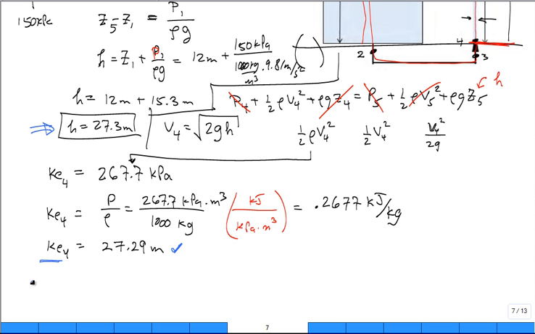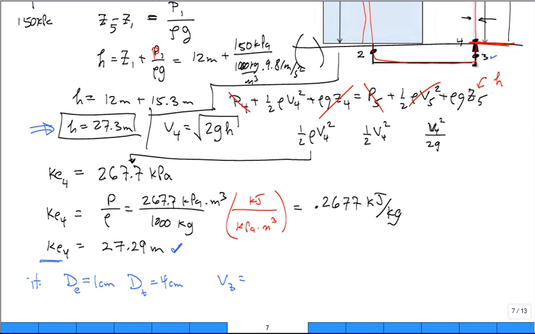All right. Let's ask this question. If the diameter on the exit of the nozzle was 1 centimeter and the diameter of the pipe or the tube that fed it was 4 centimeters, you could calculate V3, the velocity at 3.